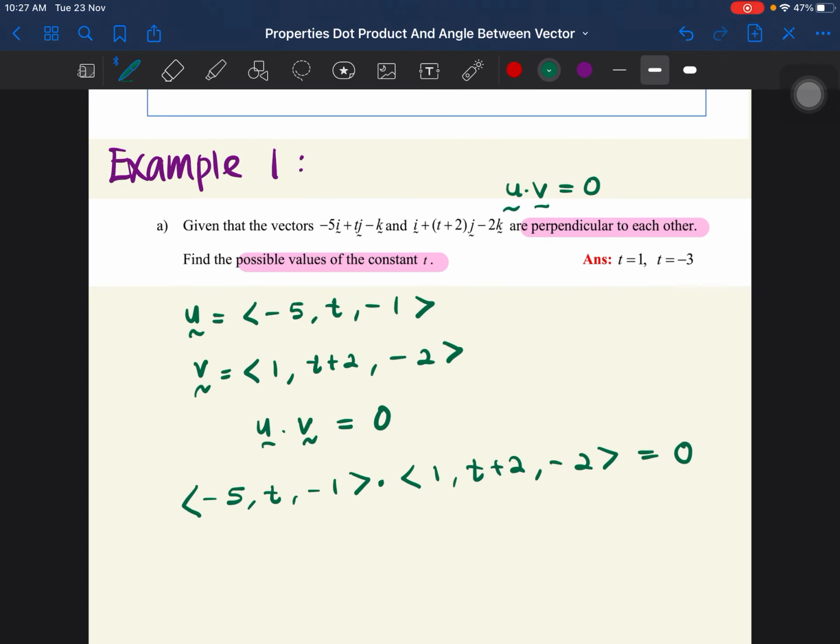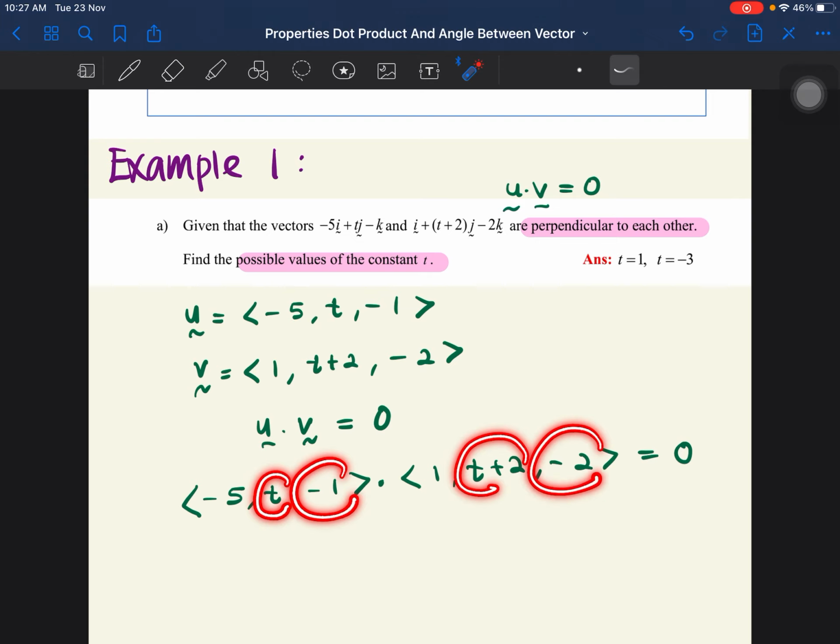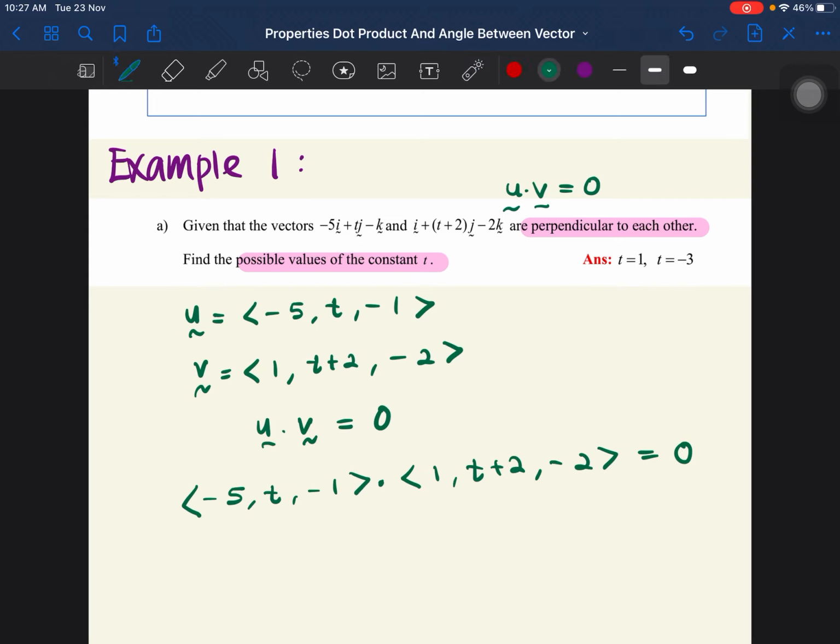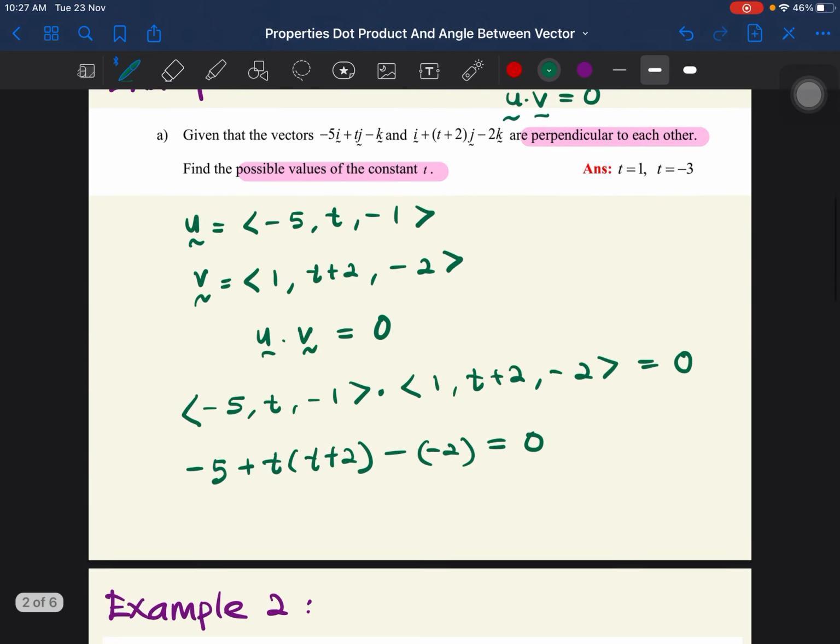Okay, so we will multiply the component i with i, the component j with j, and the component k with the other component k. So you will have -5 plus t times (t plus 2) minus -2 is equal to 0.